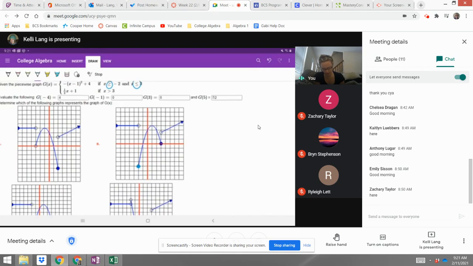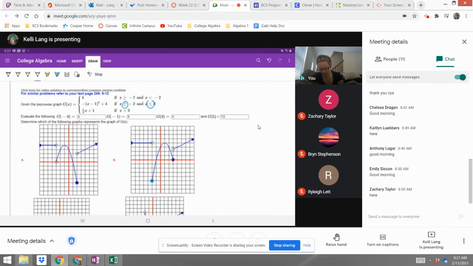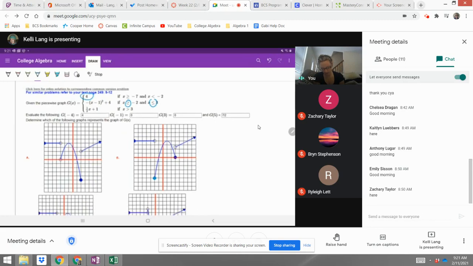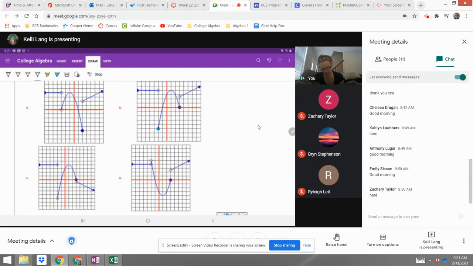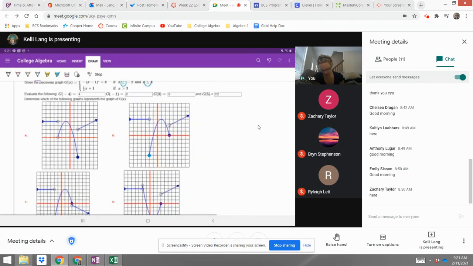Instead of looking at the domains, which they've made mistakes on, let's look at the functions themselves. Our first piecewise function is just a horizontal line at +4. So all 3 of these look good. These all look fine.